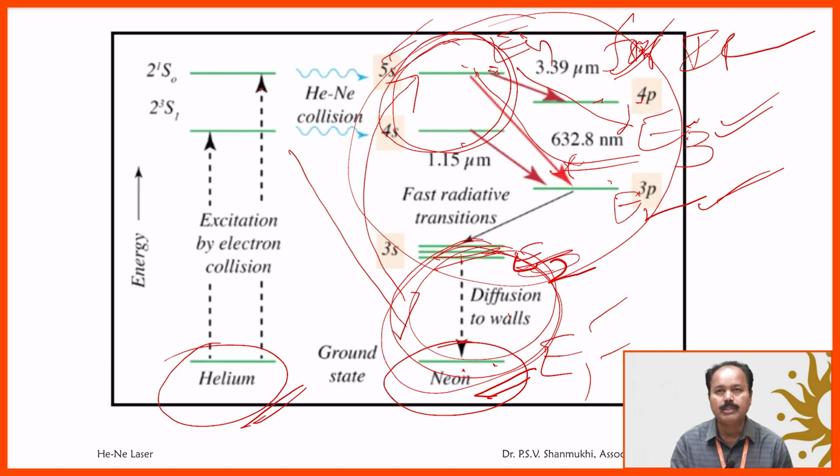Next, another transition is 11,500 angstroms, 1.15 micrometers, which also lies in the far infrared region. Only the visible light is 6328 angstroms, in the red color. Other light rays are invisible, they lie in the far infrared.